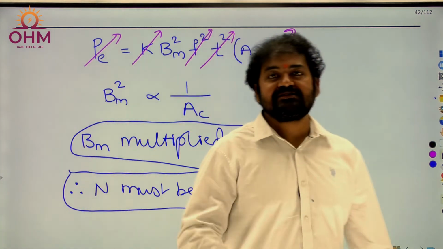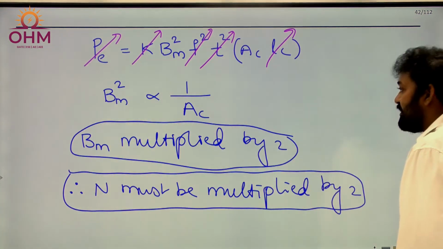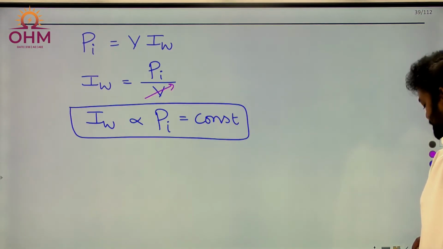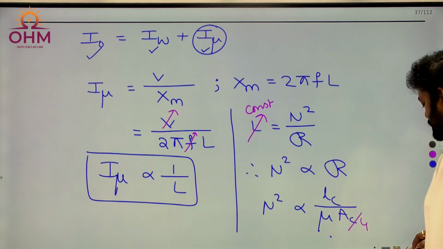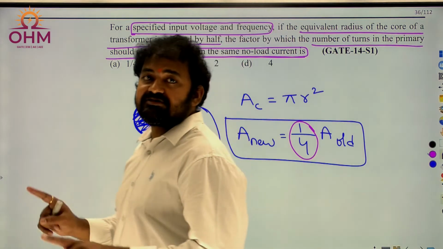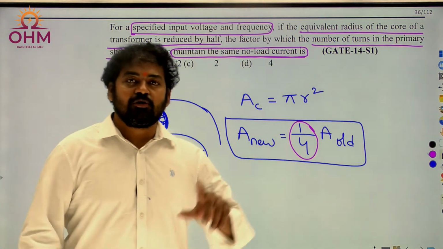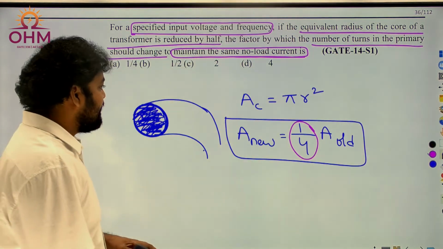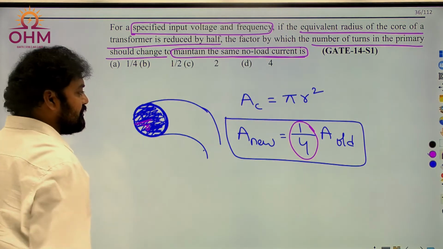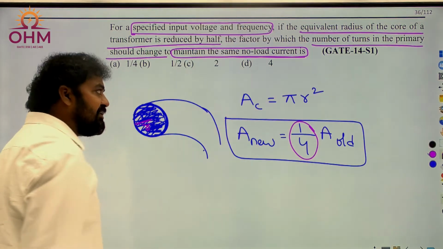Therefore, 3 discussions I took right now. One is magnetizing current. Yes, if you properly look at the question, the only thing that happened is radius of the core is reduced to half. When radius was reduced to half, area is divided by 4.